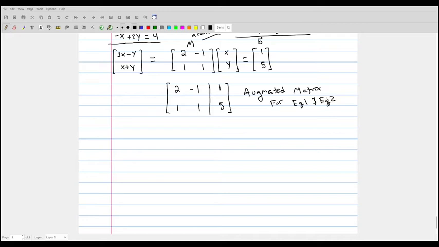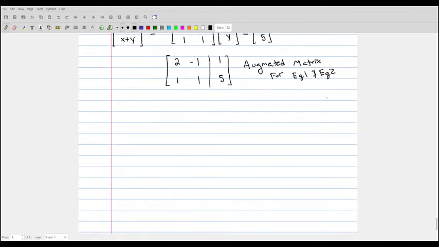What we do for the row reduction and Gaussian elimination is the following. The whole goal is to put this augmented matrix into what's called reduced row echelon form.